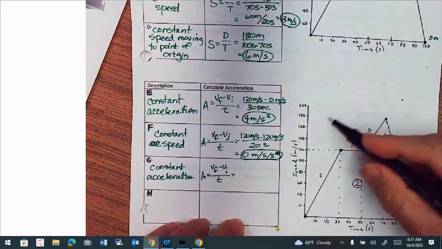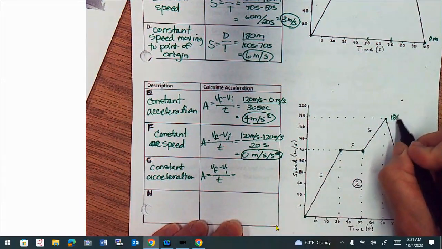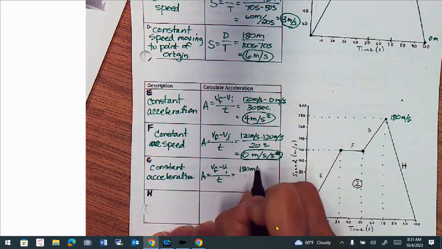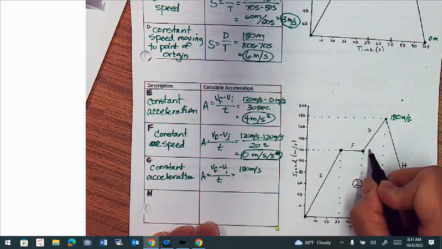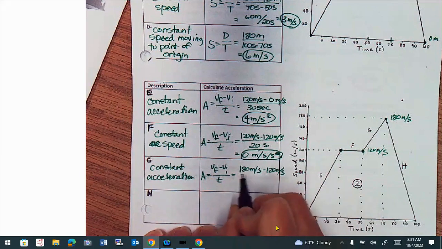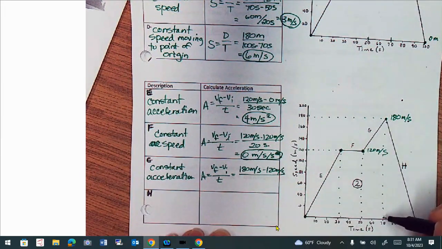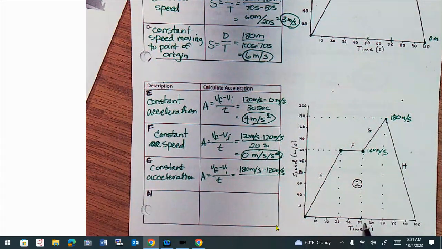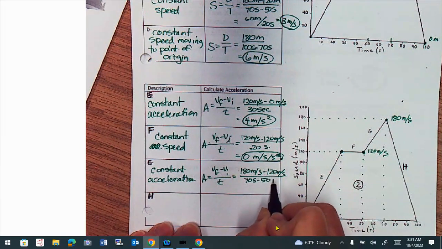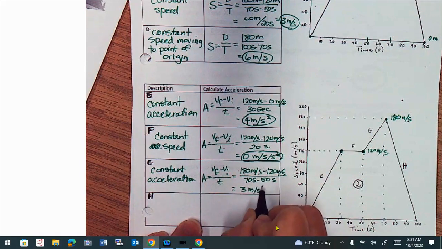Final velocity is 180 meters per second. Initial velocity is right here at 120 meters per second. And the time it took to go from 120 to 180 is the difference between 70 seconds and 50 seconds, which will be 3 meters per second squared.